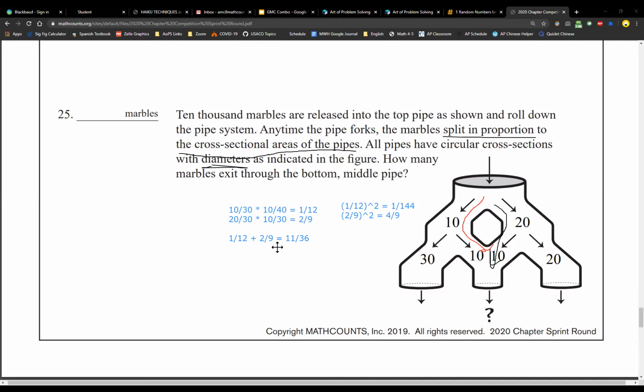All right, so now we have to add these up. 1/144 plus 4/9. This is equal to 37/144, I think. One sec, let me pull up these answers. Oh wait, how did someone get 4/? Oh wait, I'm so bad. This is 4/81.